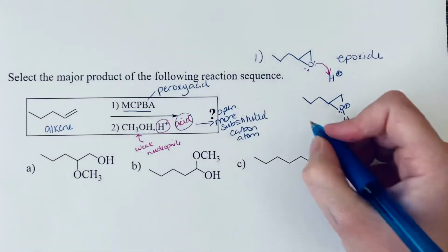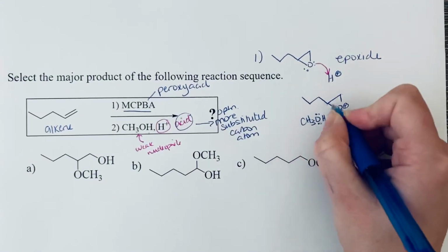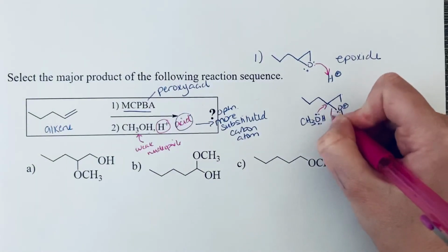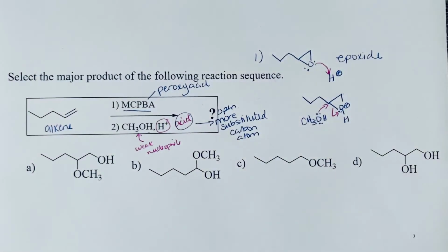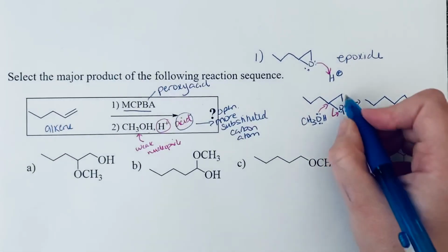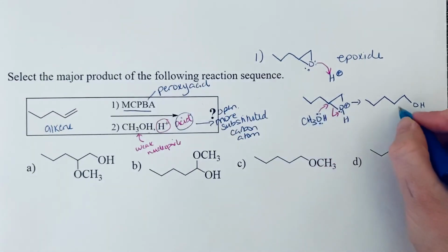So we expect that the methanol is going to attack this secondary carbon atom, popping open that ring. And so we would see, on the end carbon, we have that alcohol attached. The methanol has attacked here.